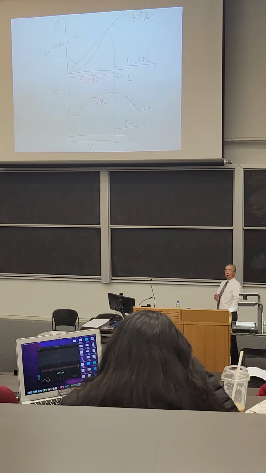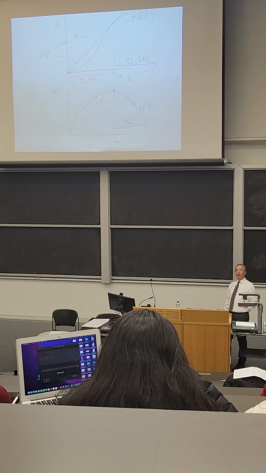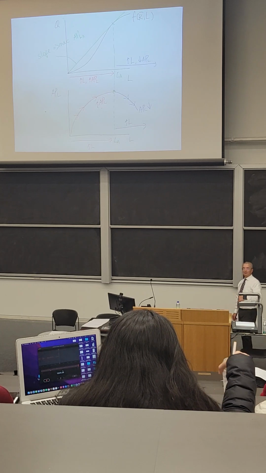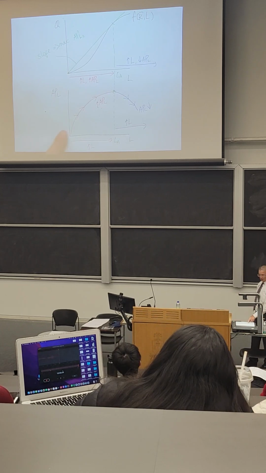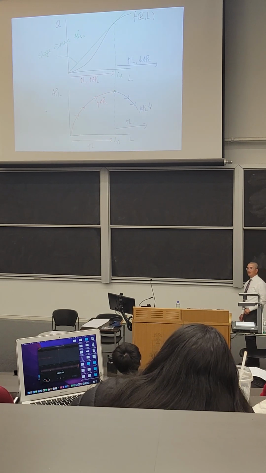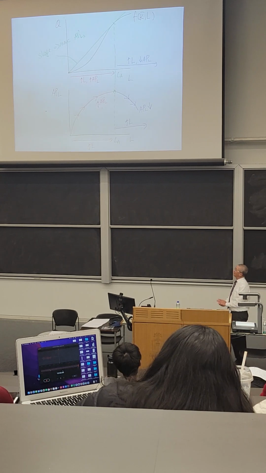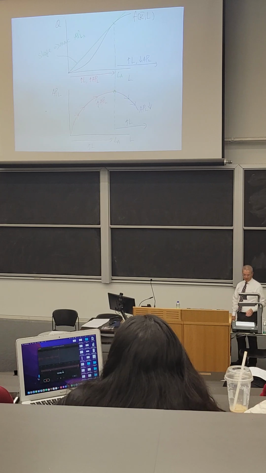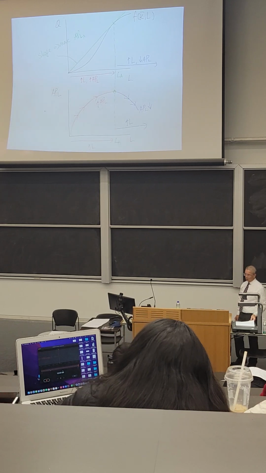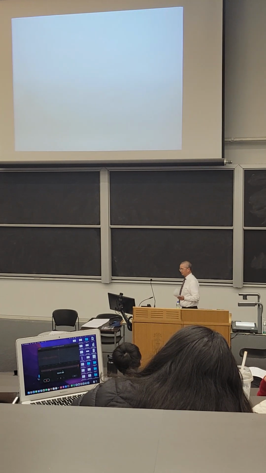So the average product of labor curve down here is like an inverted U shape. You turn the U upside down, it will start to increase and then reaching the maximum and start to decrease. So now we learn about the property or the shape of the average product of labor. Next, we try to figure out the marginal product of labor.